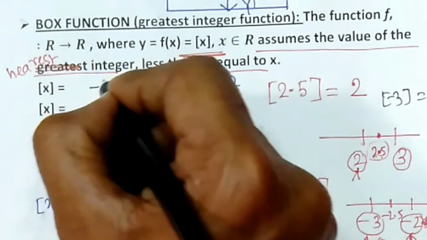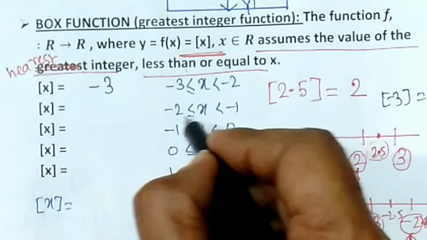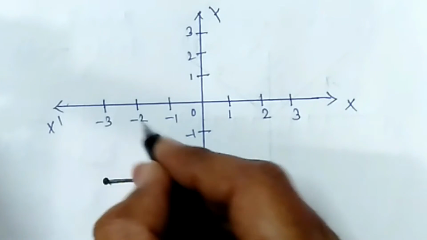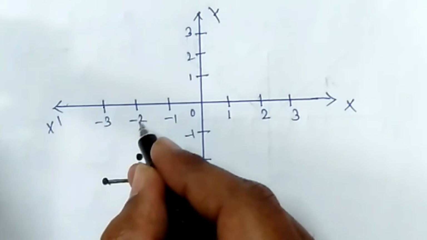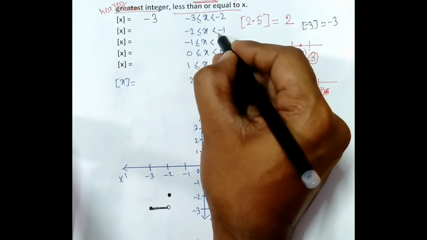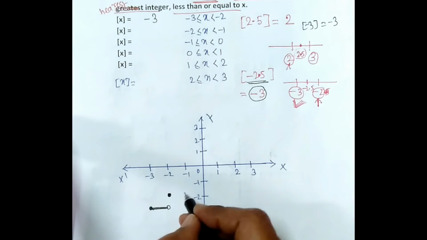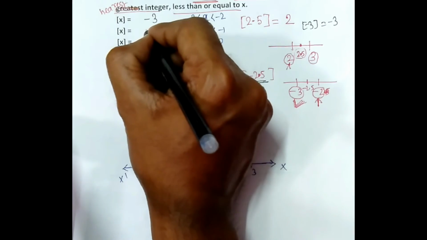Similarly, for the range minus 2 to minus 1, for minus 2 the value will be minus 2. The point is included here, but minus 1 is not included. So in between minus 2 and minus 1 the values will be minus 2.